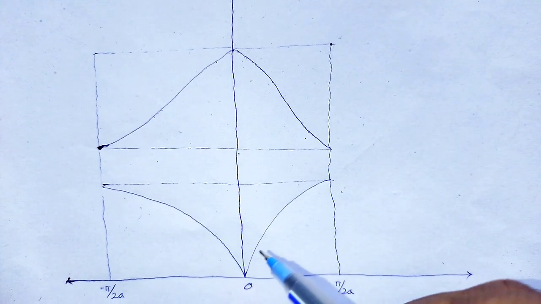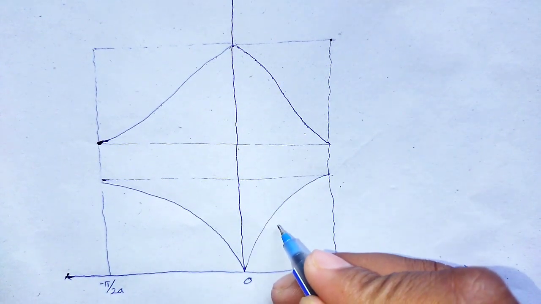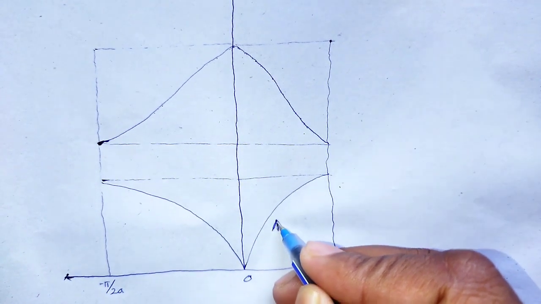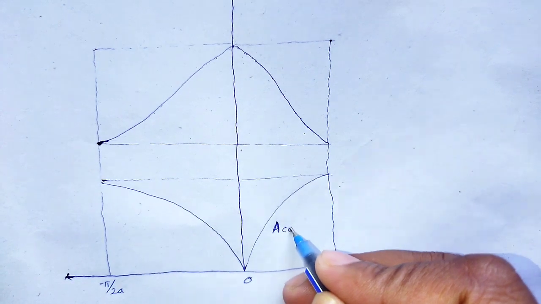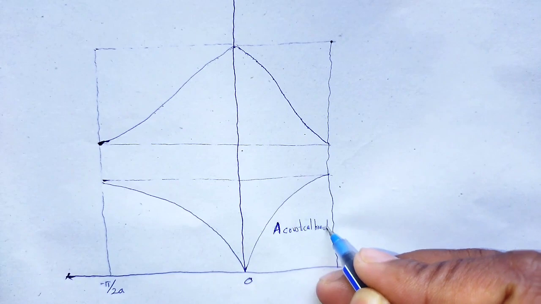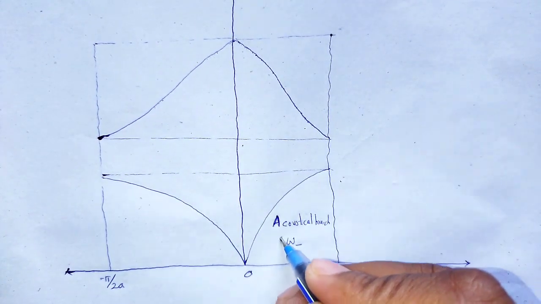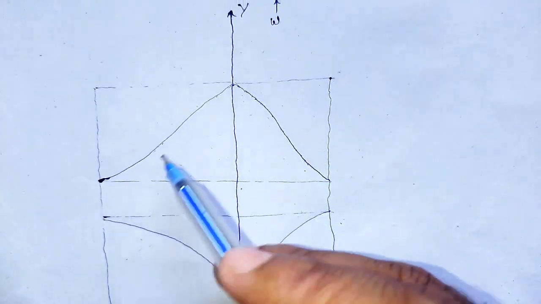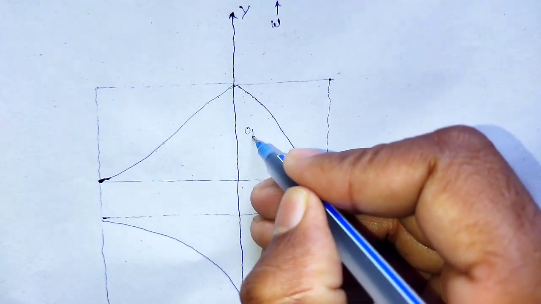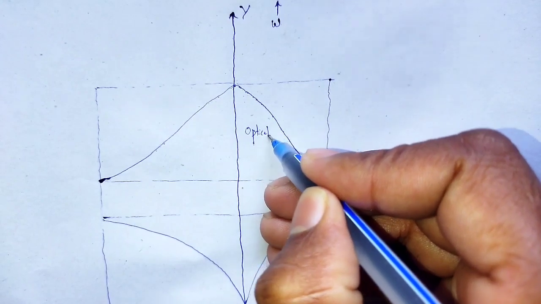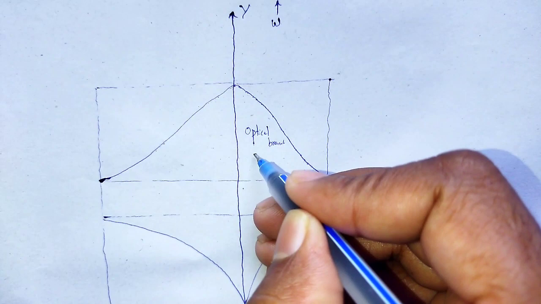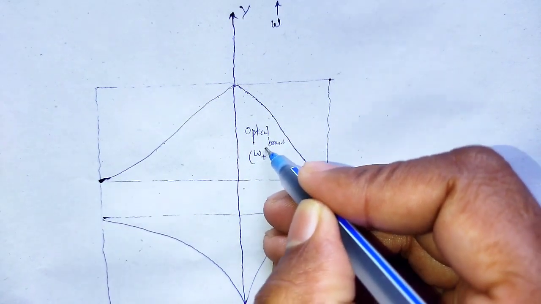The lower branch represents the acoustical branch, omega minus, and the upper one the optical branch, omega plus.